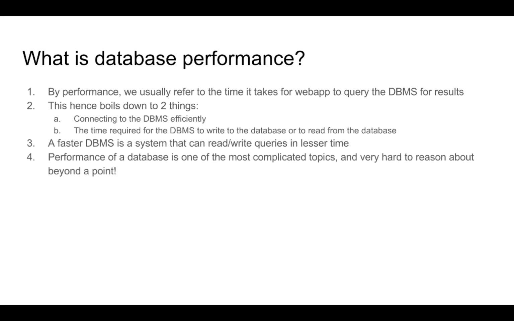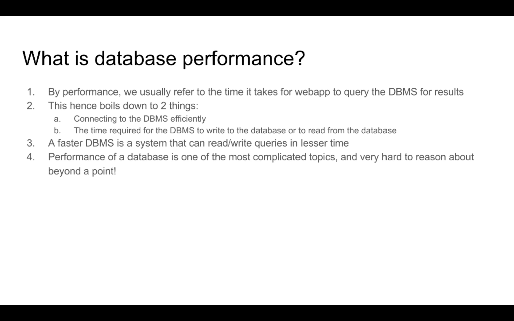For example, it is very hard to say that PostgreSQL is faster than MySQL or MySQL is faster than PostgreSQL because it is heavily dependent on the way these two DBMSs are being used. However, understanding database systems from first principles helps us understand about performance. For example, if you try to compare Redis as a database versus Postgres as a database. Redis is a database that stores data in RAM, whereas Postgres is a database that writes data to disk.